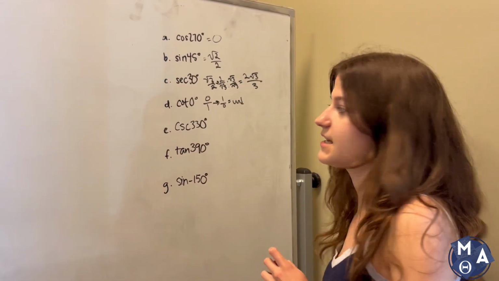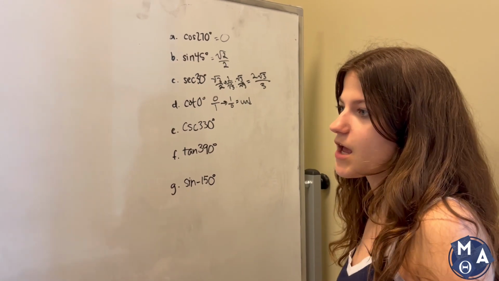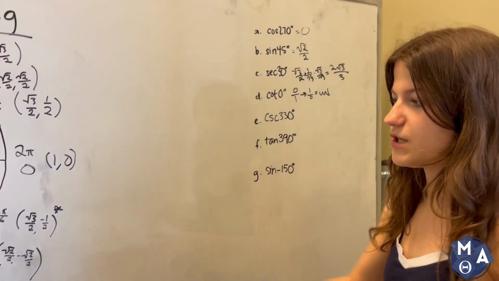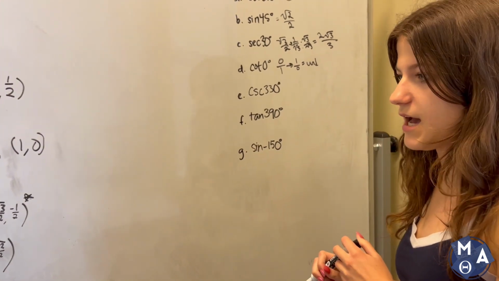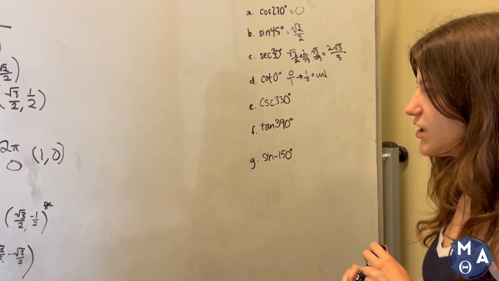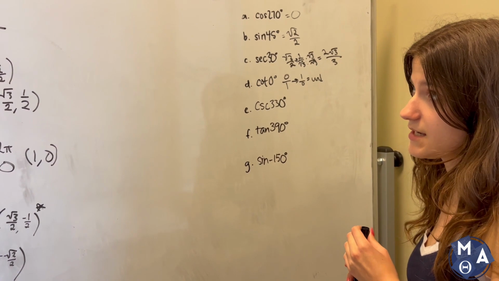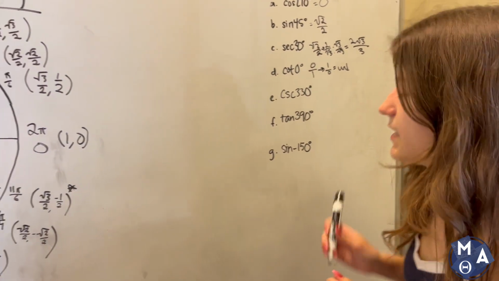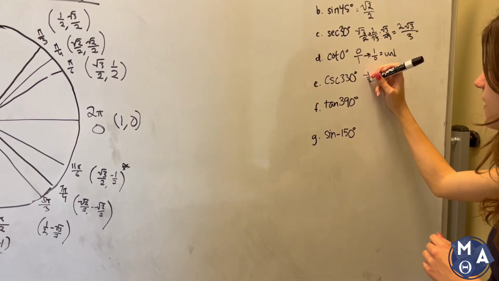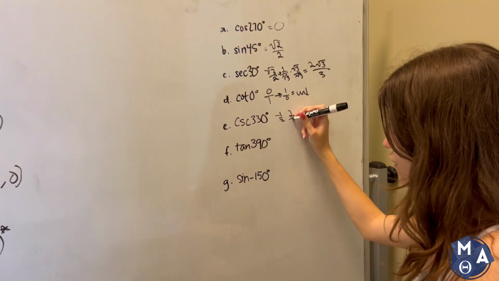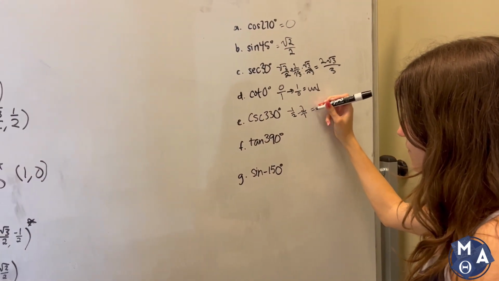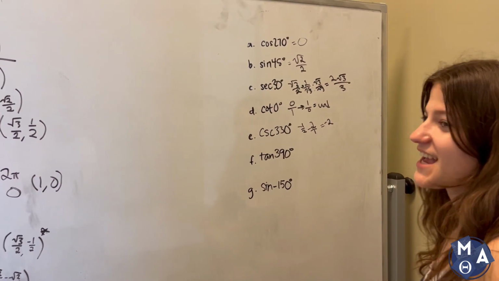Next, we have the cosecant of 330. So 330 would be right here. For the cosecant, we would take sine, and the sine is negative 1/2. We would flip this so that it would be 2 over negative 1, which equals negative 2.